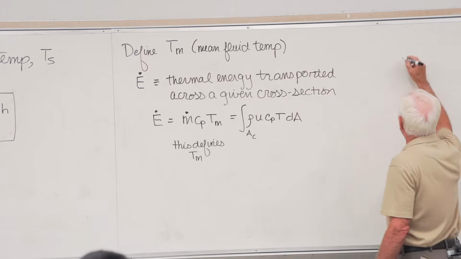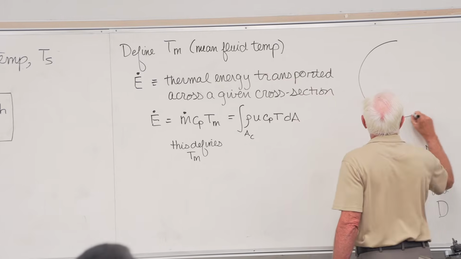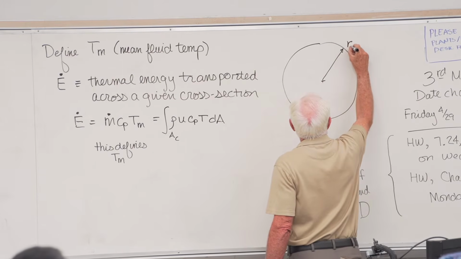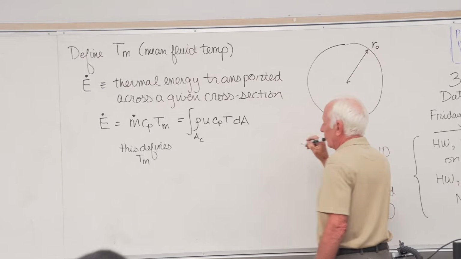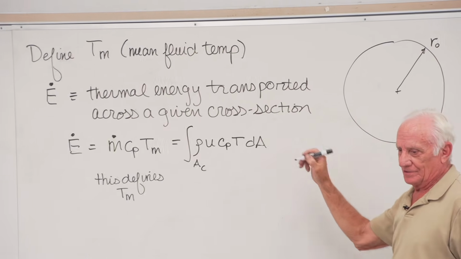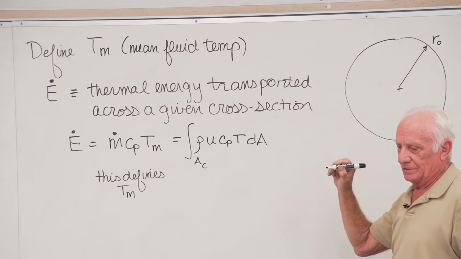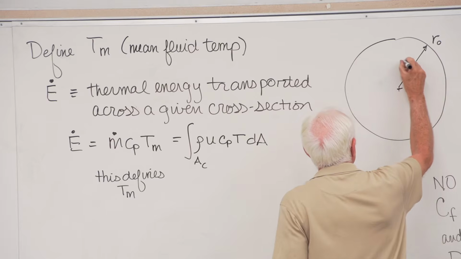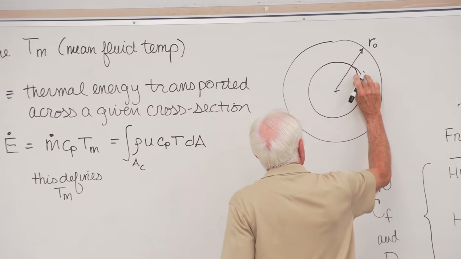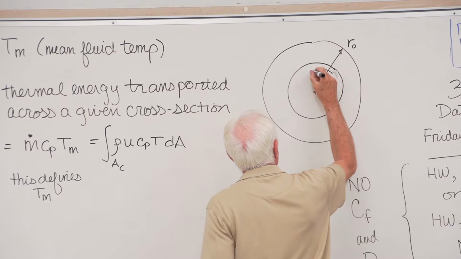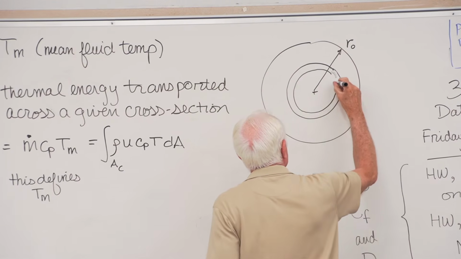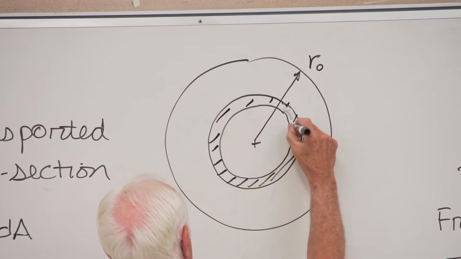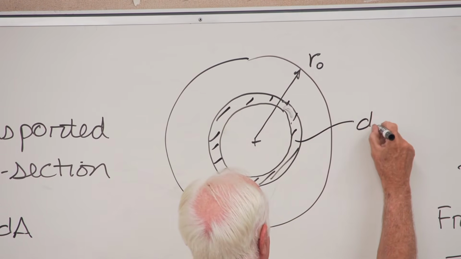What's the cross-sectional area? It's circular. What's the outside radius? R naught. Now, what's the differential element? In a circular geometry like this, we define the differential area as this, a very thin strip like this. That's dA.